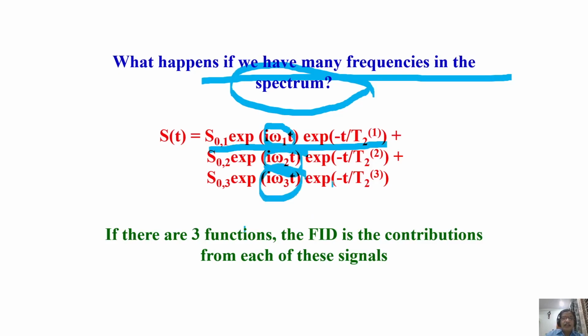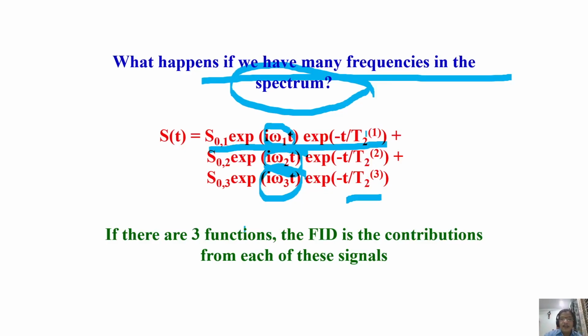Let us say 3 different types of time domain signal, each of them with a different frequency and a different T2. They are decaying. If I have a single frequency, we saw a single oscillatory signal. When all 3 are there, it could be many more. Then you are going to see in the time domain signal an interferogram.